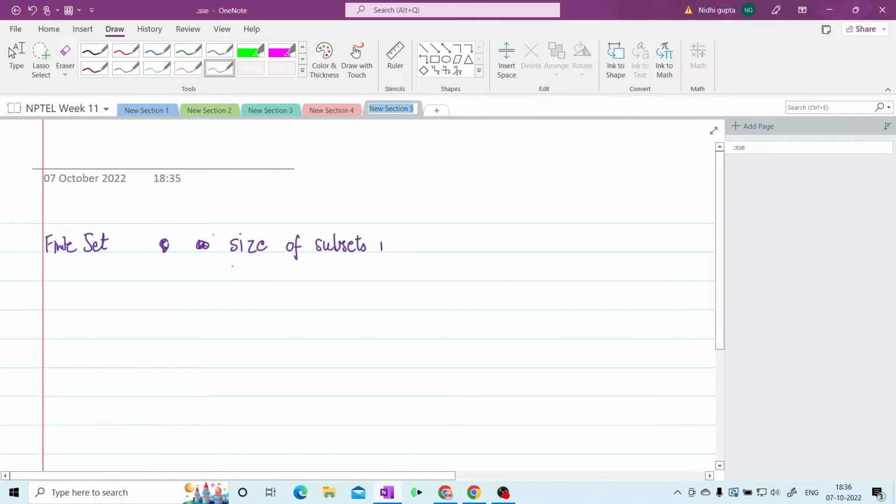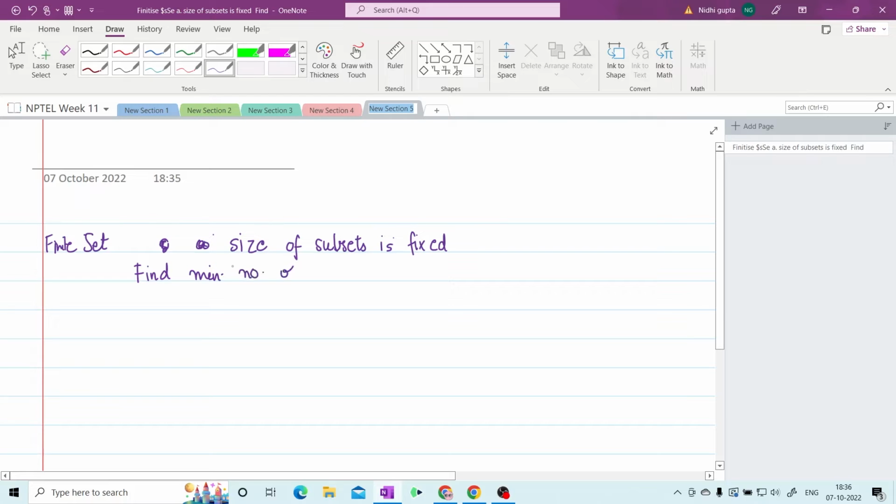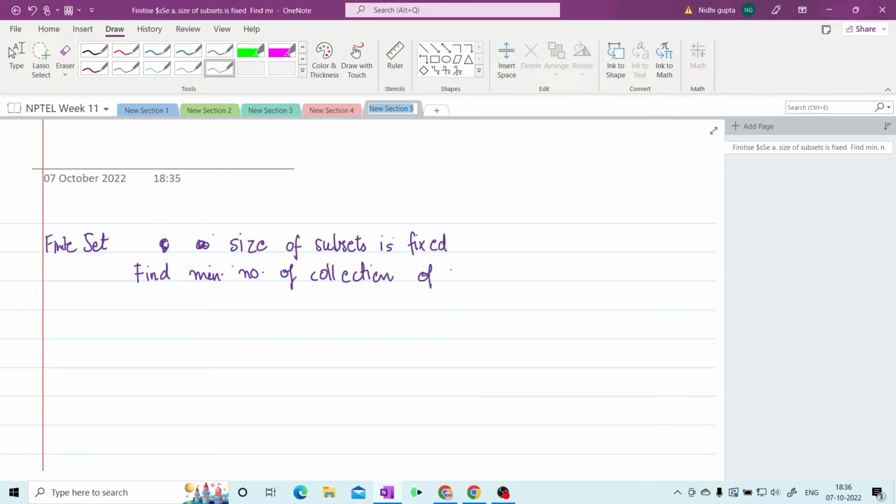If we take size 3, then all subsets are of size 3, and if size 4, then all subsets will be of size 4. Then we want to find the minimum number of subsets in the collection whose union gives all elements of the set.